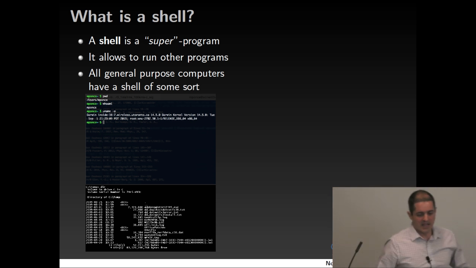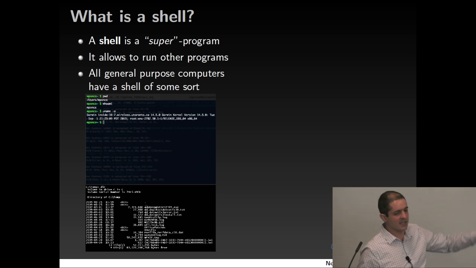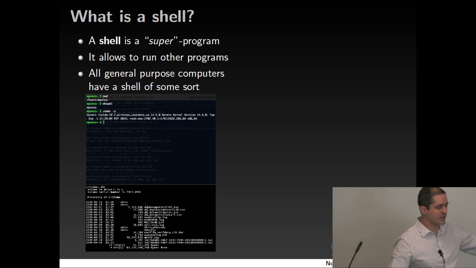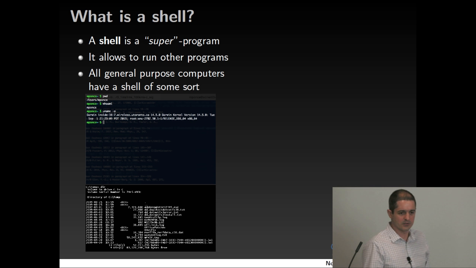It's just going to be there waiting for your input. This is a kind of text shell where you type in all the commands that you need. It is also called command line interface, okay?